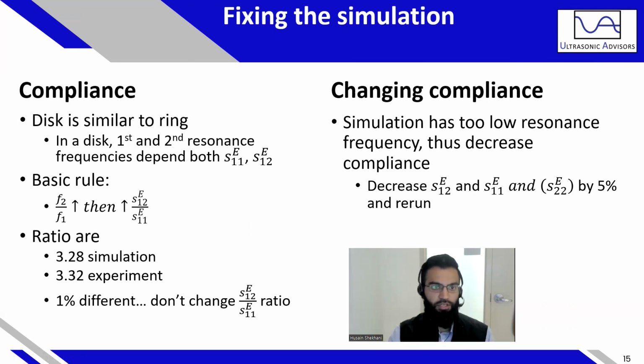But the basic rule is that when the ratio between the second resonant and the first resonant frequency increases, you also have an increase in the ratio between S12 and S11. We find that the ratios are actually very similar for both simulations and experiments, so we don't need to vary the ratio between these two properties. We should increase them equally or decrease them equally when we want to affect the resonant frequency. I hope you guys can understand this point.